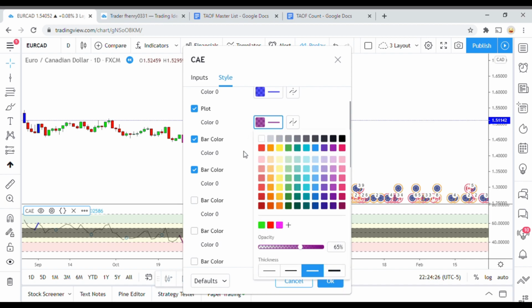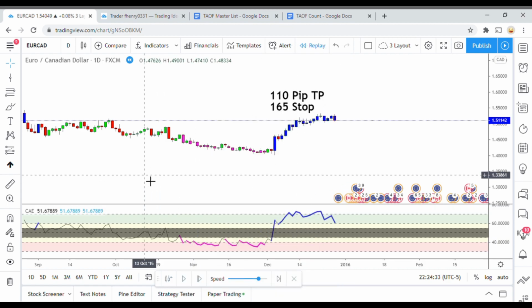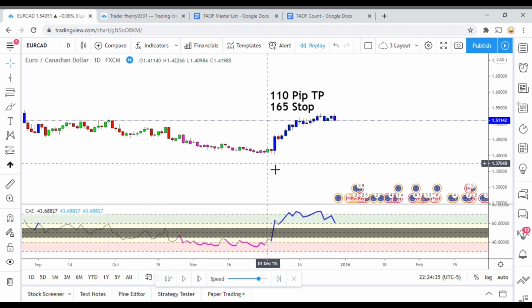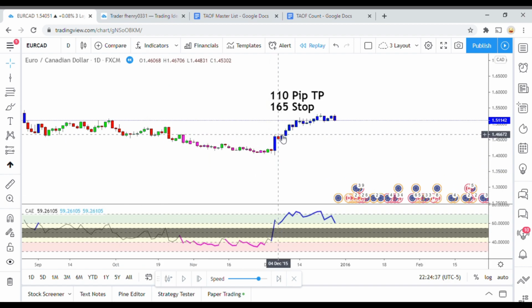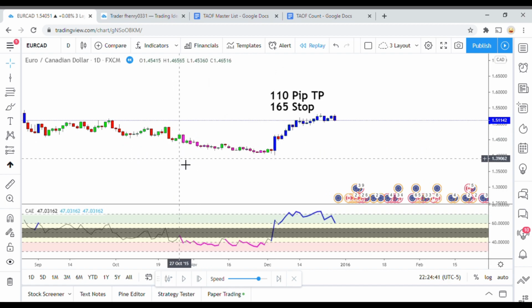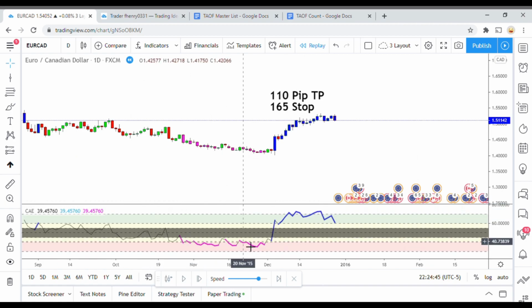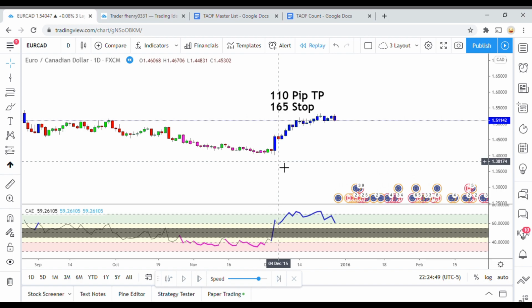There we go. That's what I'm looking for. A little bit more fluorescent, if you will. Alright, so now you can see that we have blue bars and purple bars plotted on the chart, as well as on the oscillating line below.